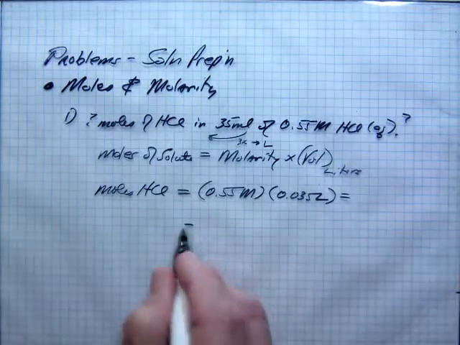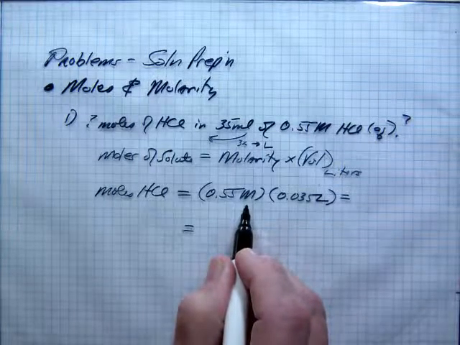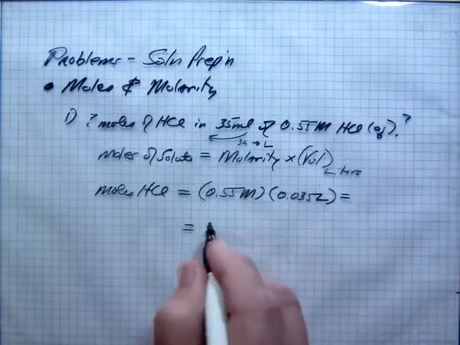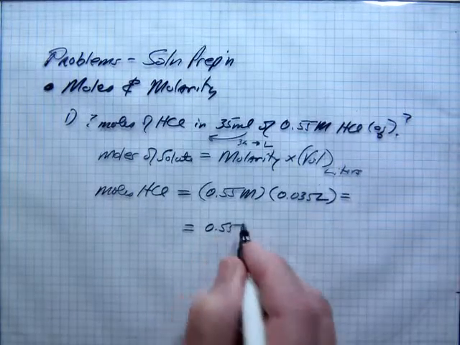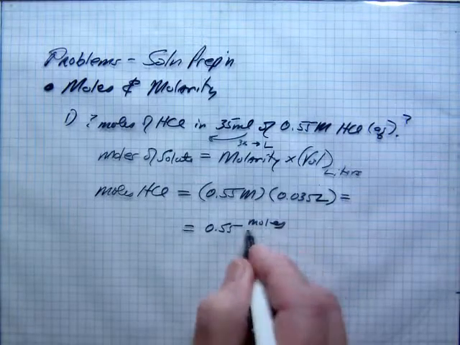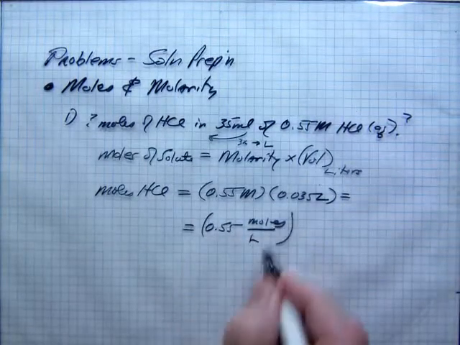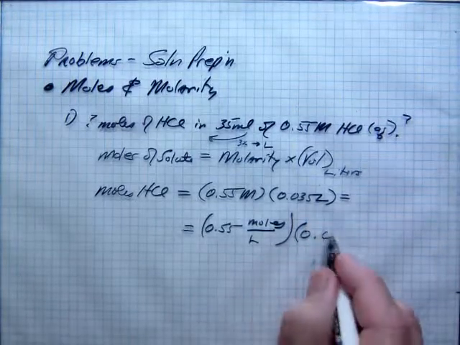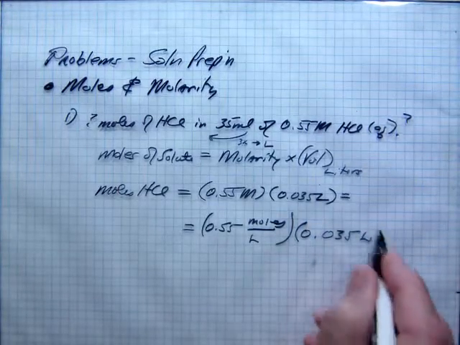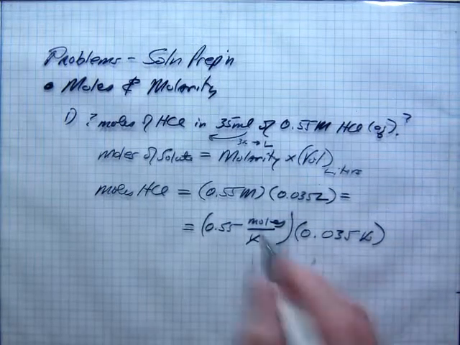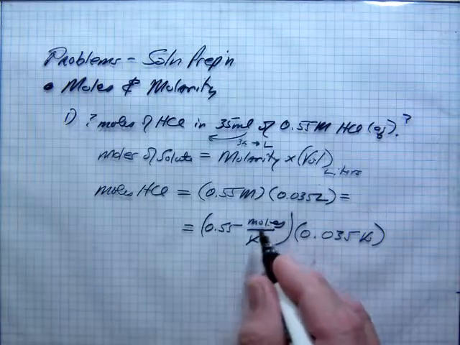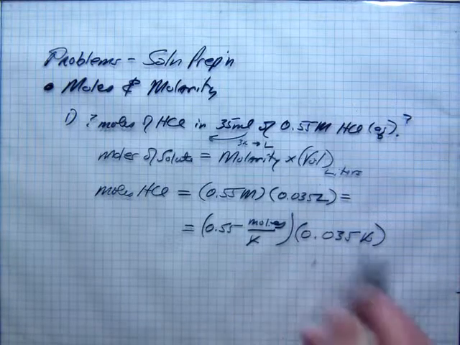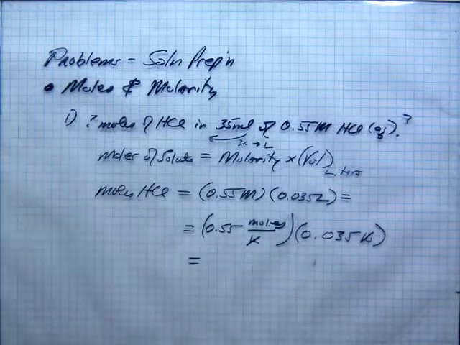Now molarity here is moles per liter. We've already talked about that. 0.55 moles per liter times 0.035 liters. And so when liters cancel out, we're left in moles that we can relate to an equation or whatever reaction we're wanting to deal with.